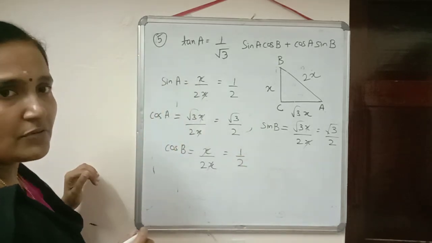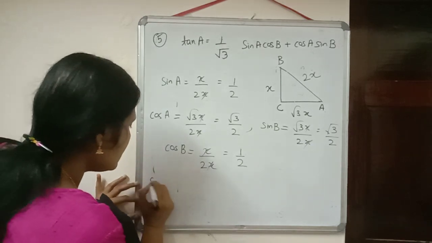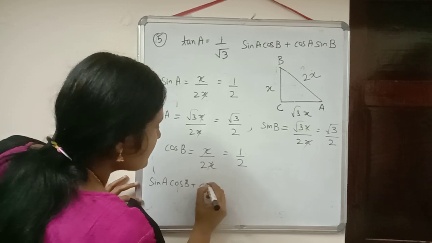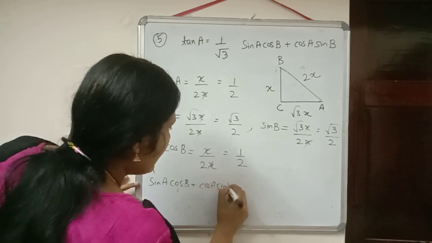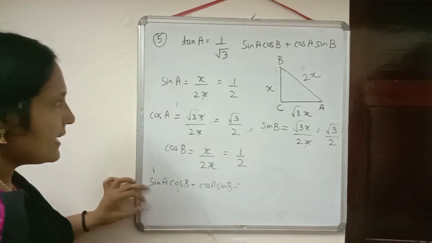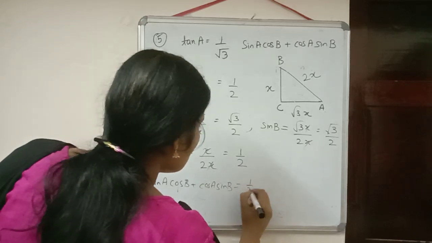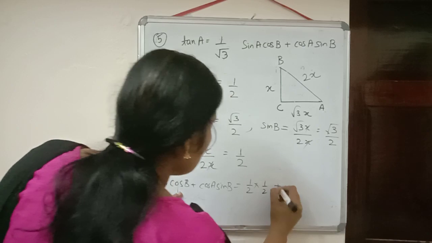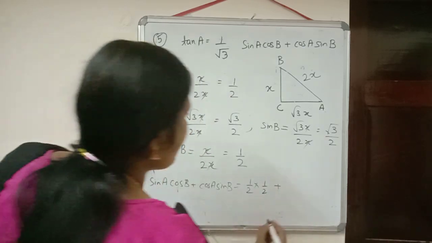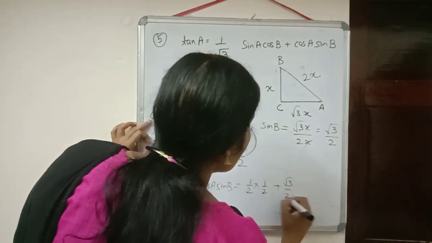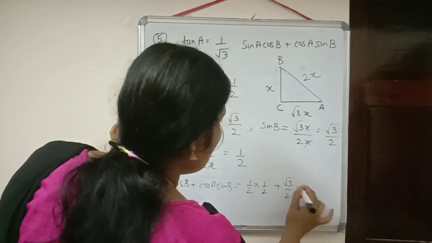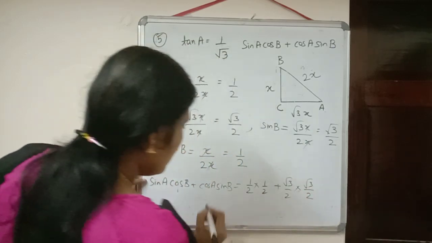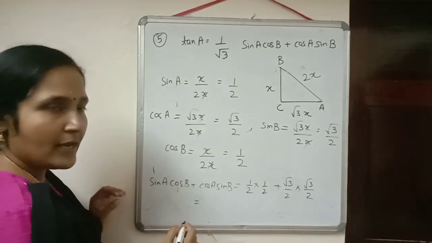Now we can substitute the value. Write down the question which is given. Sin A into cos B plus cos A into sin B. Substitute sin A. Value of sin A is 1 by 2 into cos B also same 1 by 2 plus cos A root 3 by 2 into sin B. Sin B is also root 3 by 2. 1 by 2 into 1 by 2.